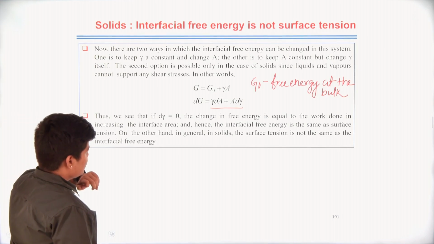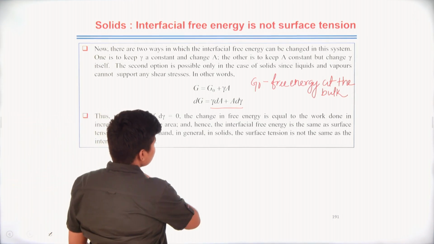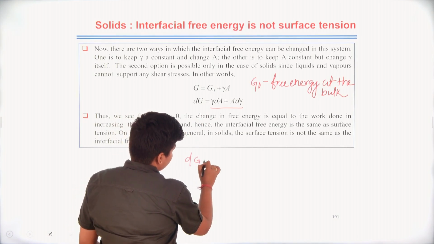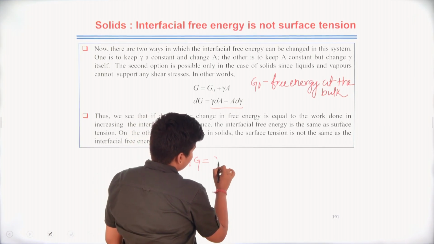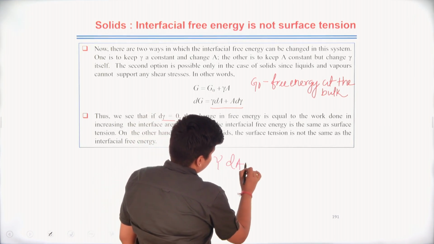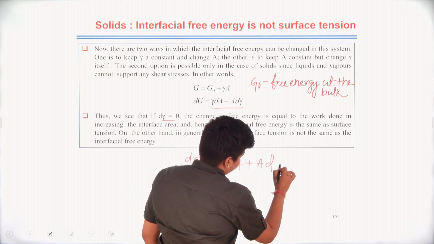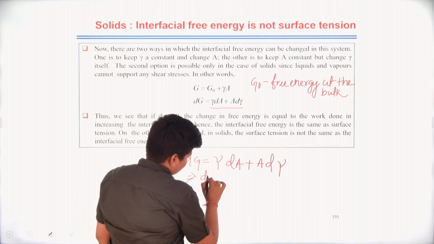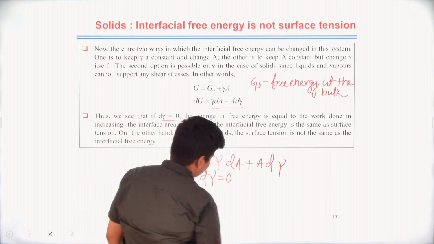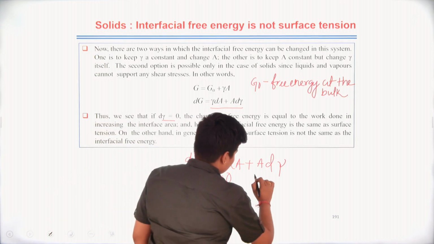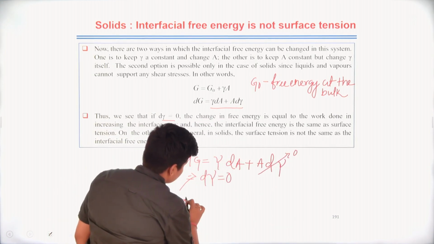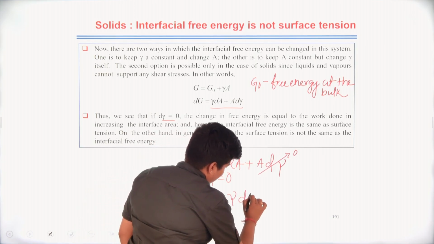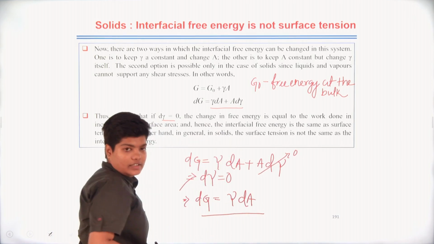Let us take one assumption, that d gamma is 0. Then the Gibbs free energy change will be gamma dA.